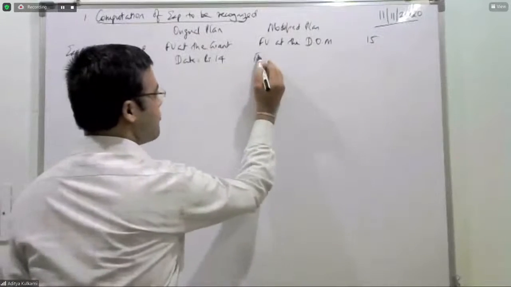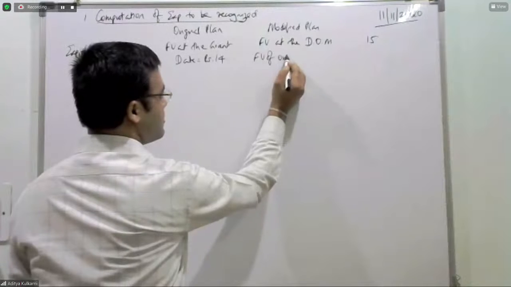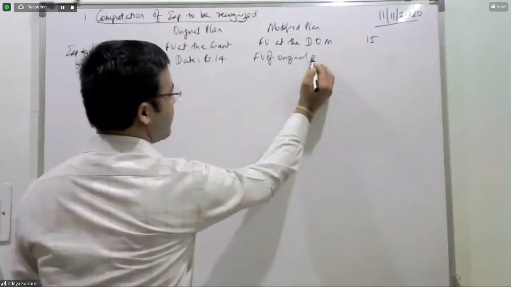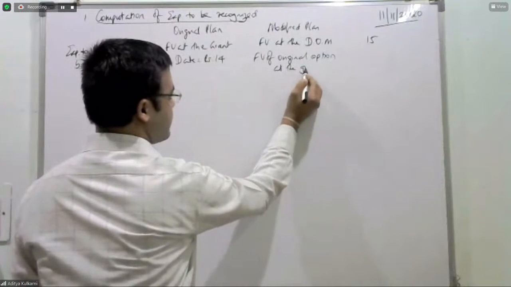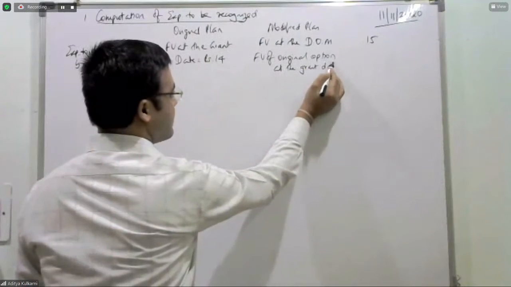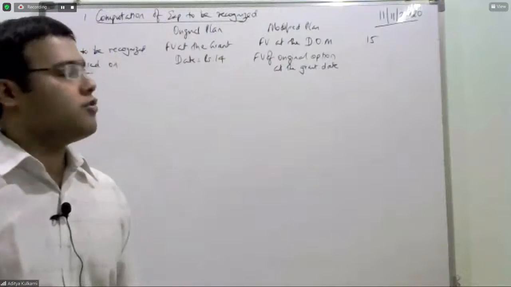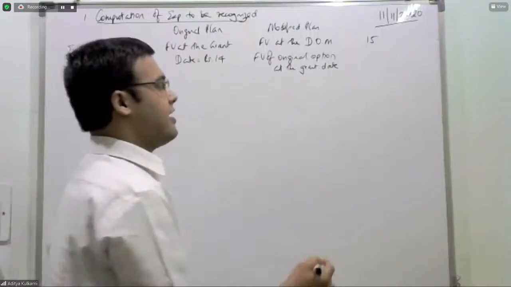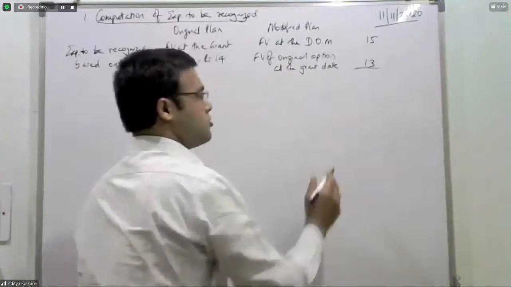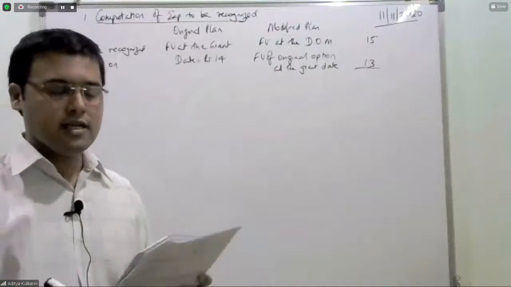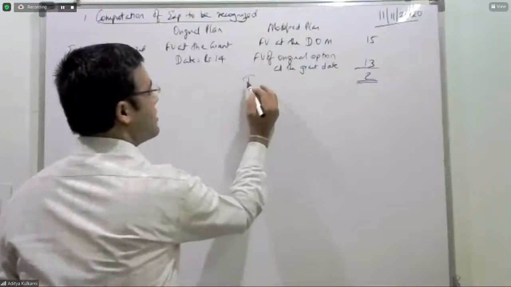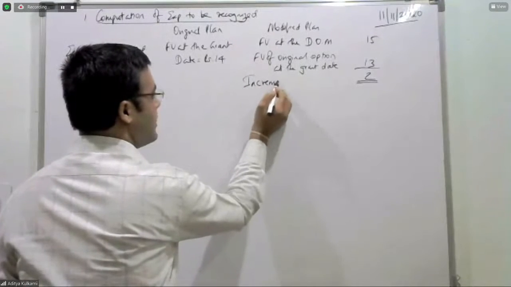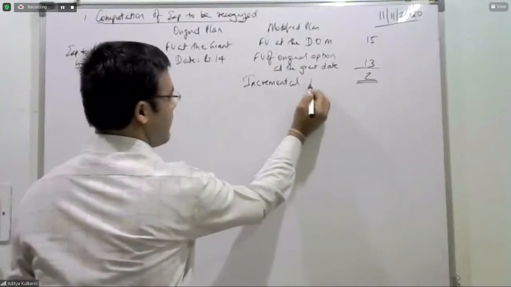And what is the fair value of original option? This fair value has fallen to 13. So you are giving an additional benefit of 2 rupees. What is this 2 rupees? This becomes your incremental fair value.